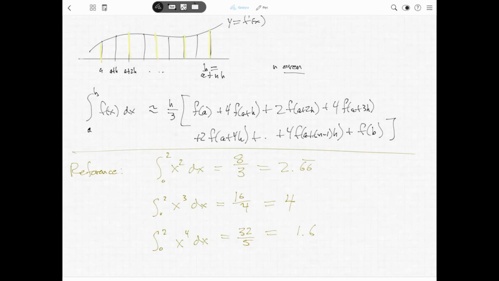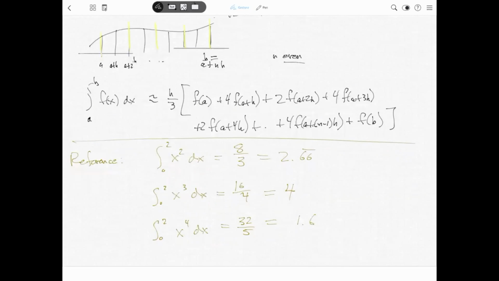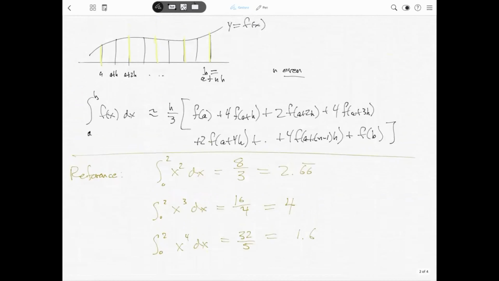If you plug in 2, you get 16 over 4, so that's exactly 4. And if you integrate x to the 4th from 0 to 2, the integral is x to the 5th over 5. If you plug in 2, you get 2 to the 5th over 5, which is 32 over 5. It's exactly 6.4. Okay, so we can use those values to check our answers when we run the computer function.